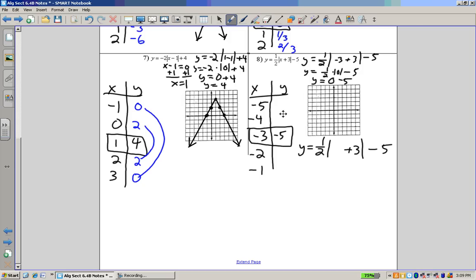All right, negative 5. Negative 5 plus 3 is negative 2. The absolute value of negative 2 is positive 2. Half of 2 is 1. And 1 minus 5 is negative 4.